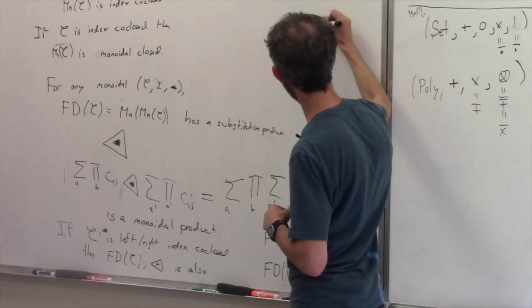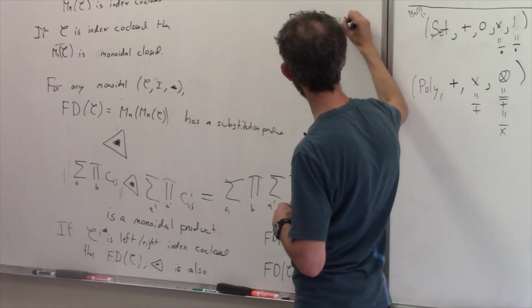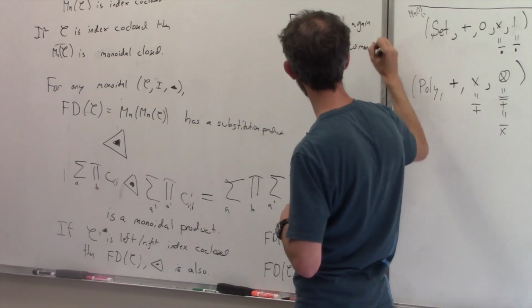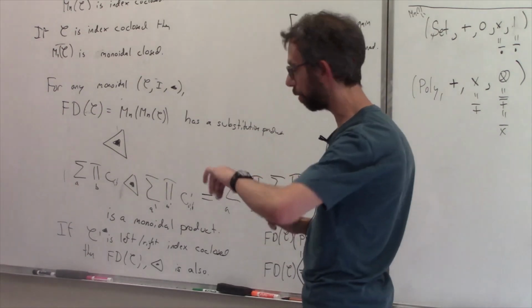If C is a comonad, then this thing is again, oh, I know, sorry. Okay, now I'm going to insert one more thing. I'm not really quite done.